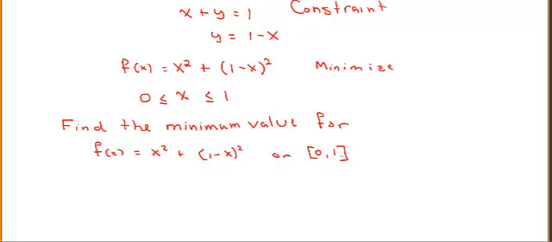Remember, this is a continuous function. If we multiplied it all out and combined like terms, we would just have a polynomial. I'm not going to do that, but we could.